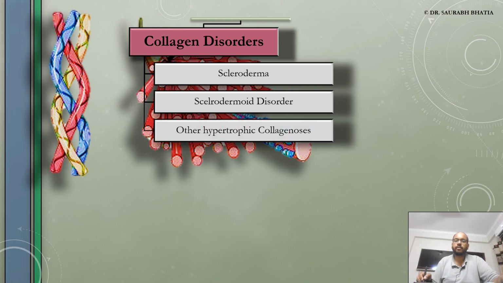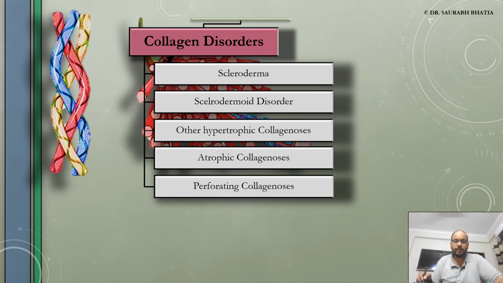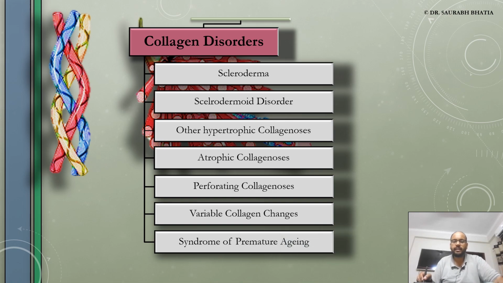Then you have other hypertrophic collagenoses, atrophic collagenoses, in which you have atrophy instead of hypertrophy, perforating collagenoses, in which you have perforating disorders, variable collagen changes, that means minute changes happening here and there, and syndromes of premature aging.